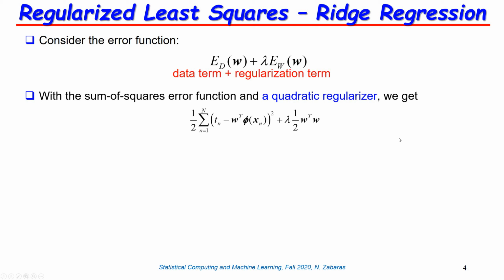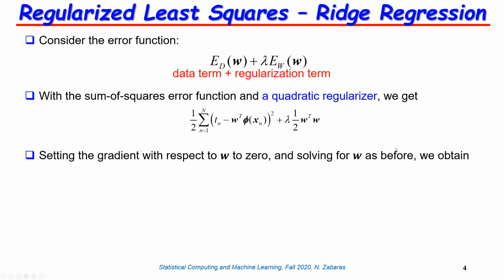Okay? Now, if you take derivatives of this with respect to W, and I'm not going to do it because we know how to handle this term, the derivative of this is going to be lambda times W. So if you take derivatives, set them equal to 0, and solve for W, this is the regularized least square solution that you get.